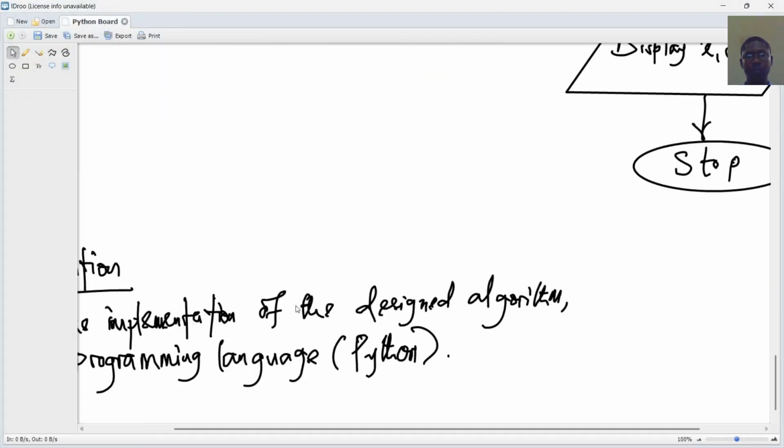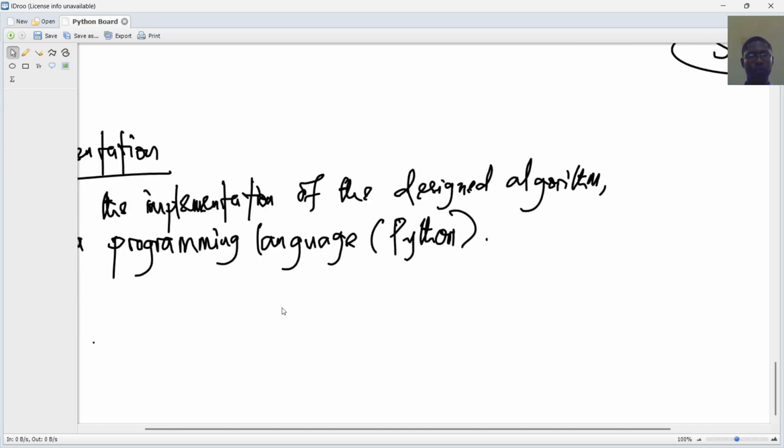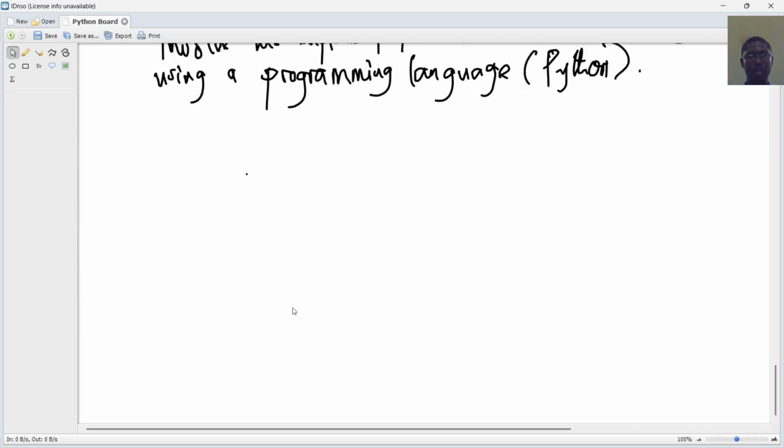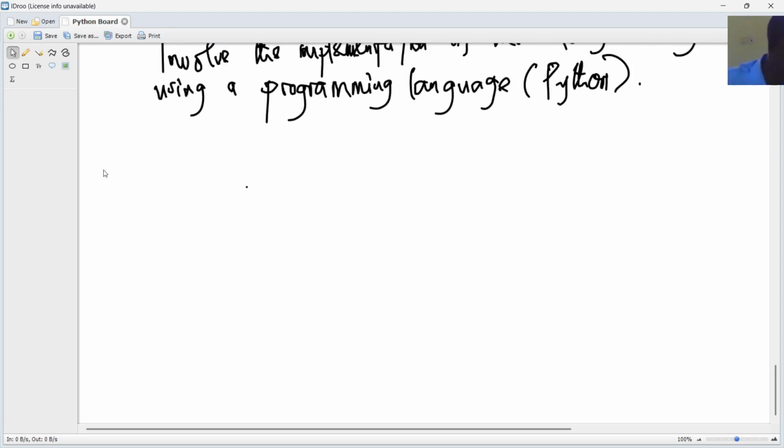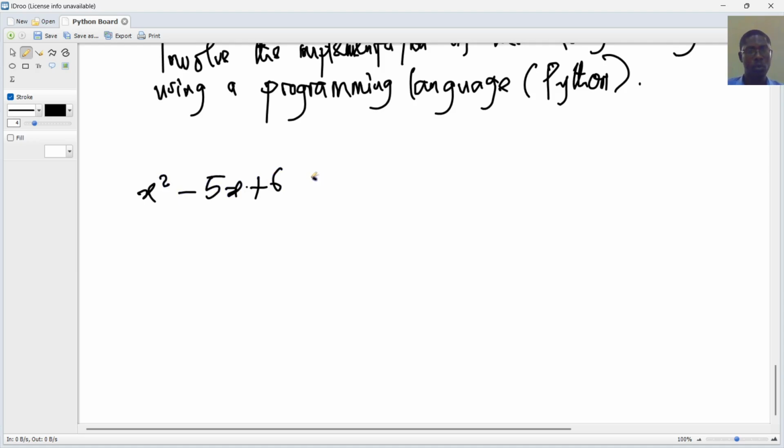An example of a quadratic equation that I have here is x squared minus 5x plus 6 equal to 0. Now this has the solution of x here. We have 3 and 2 here.